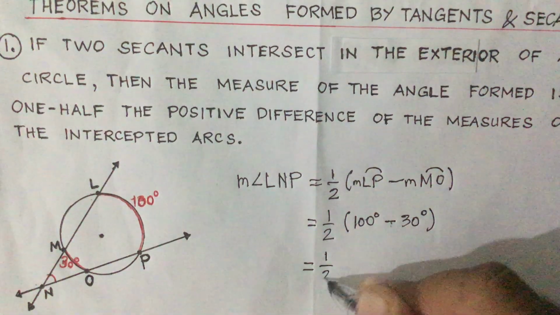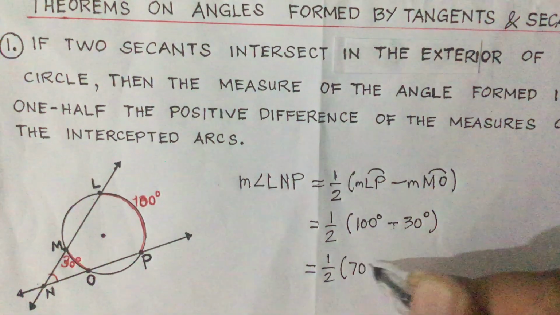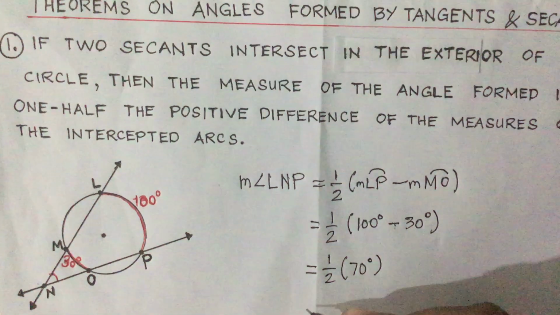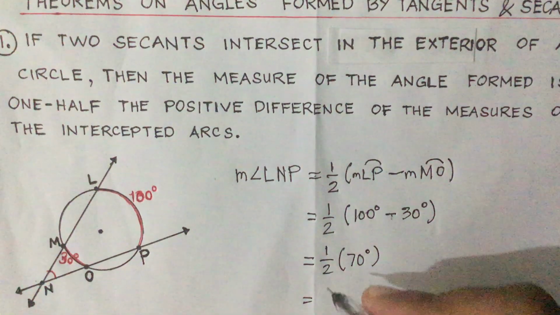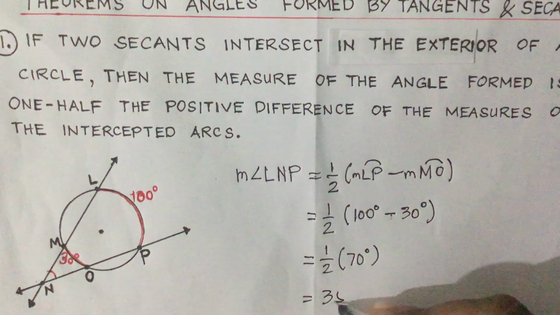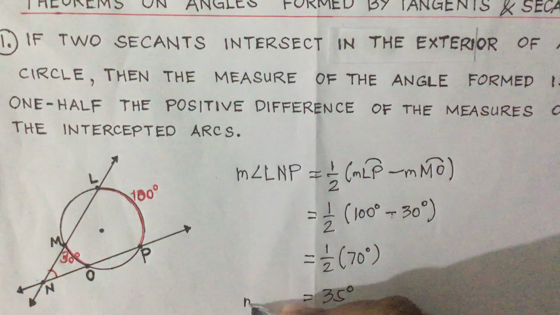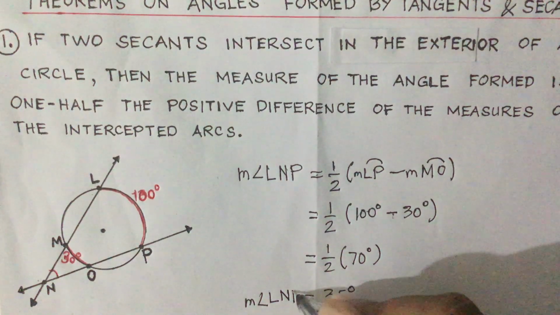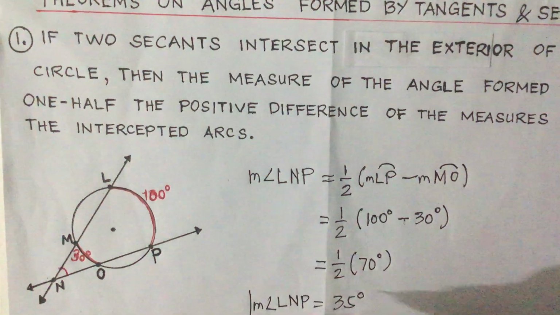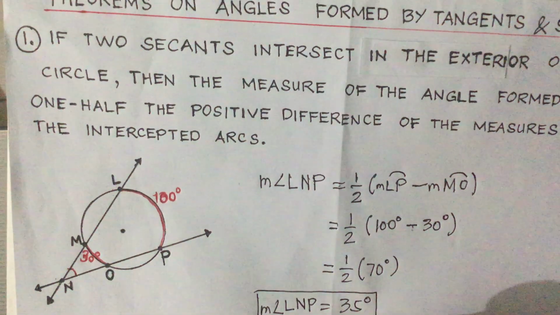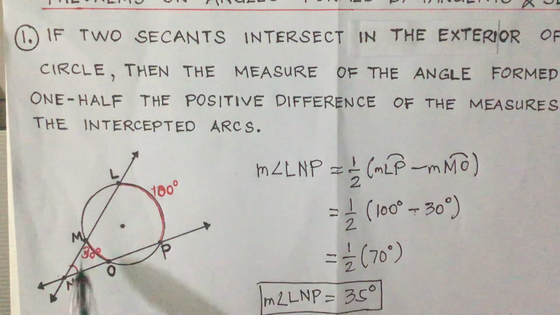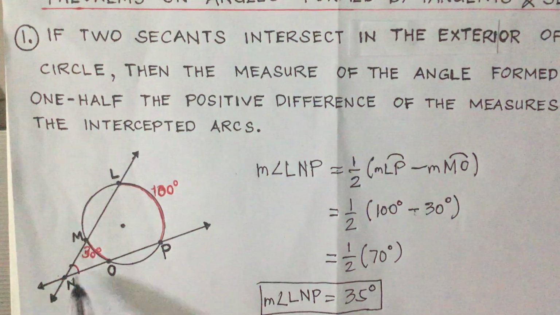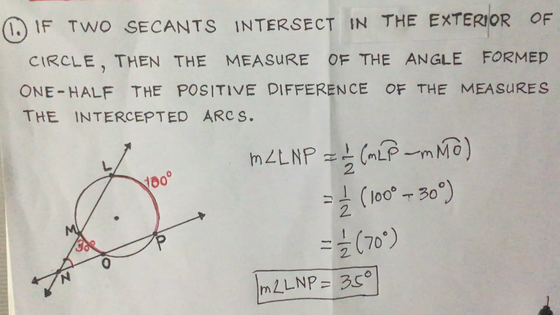So, 1/2 of 70 degrees is equal to 35 degrees. So, that is the measure of angle L and P, kini nga angle. The answer is 35 degrees.